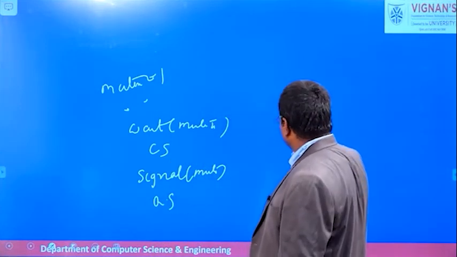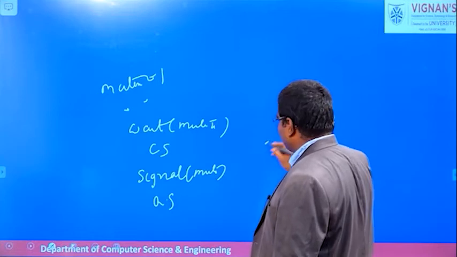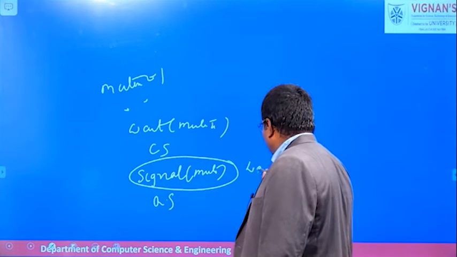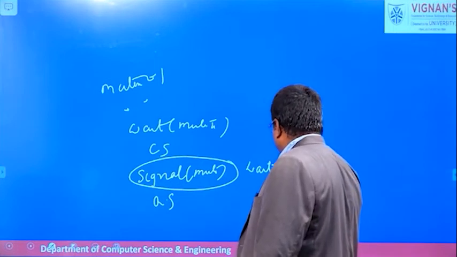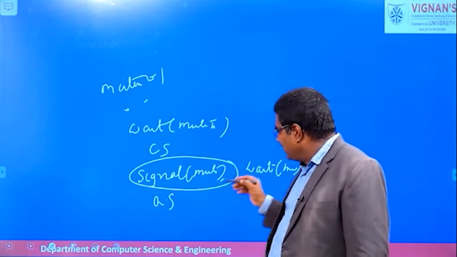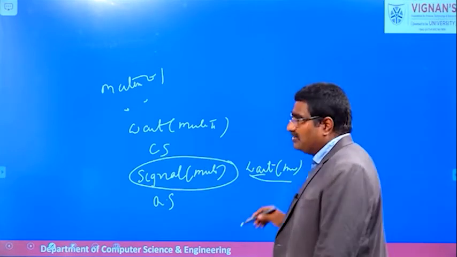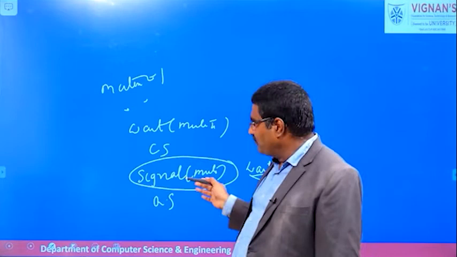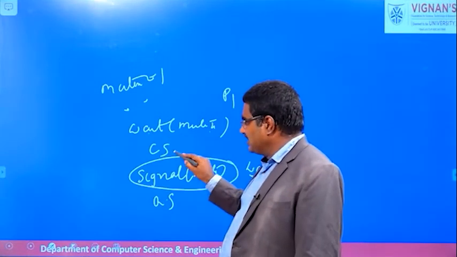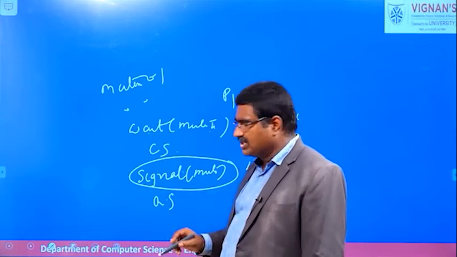This is the code we are using. For example, someone uses, in the place of the signal, the wait of mutex. That is, they are not used properly. So automatically it is not possible to come out of the wait function. So there is a starvation. Actually they should use the wait of mutex, critical section, signal of mutex, remainder section.